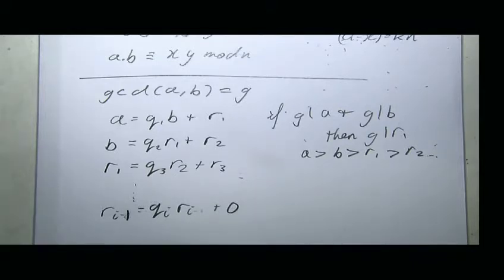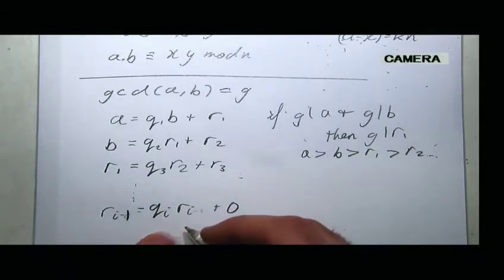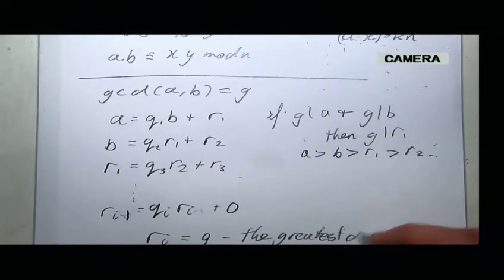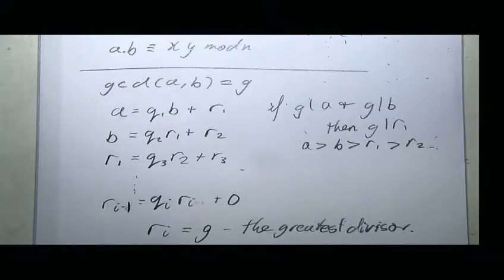If you do much computer science, and maybe that's why you're doing this course right now, you want to know that your program's going to finish. You'll talk more about when it's going to finish, but moreover, you want it to finish. And so this means that Ri here has got to be equal to G, the greatest common divisor. So this process has actually gone through and found this thing.